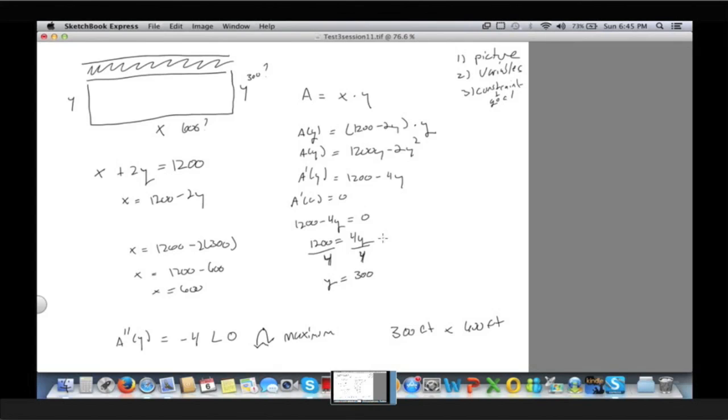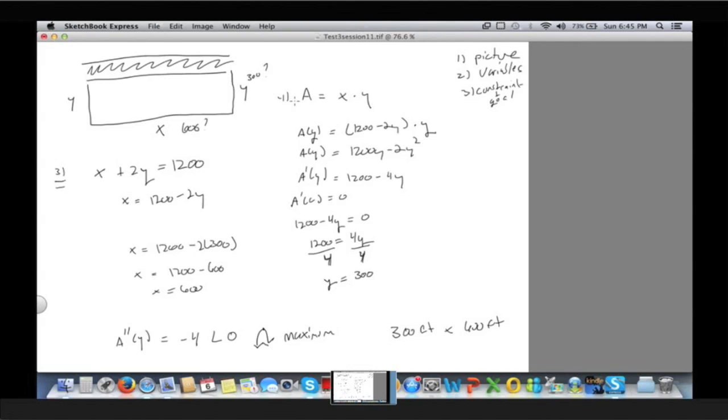So we need an equation for the constraint and an equation for the goal. The constraint here was that x plus 2y had to equal 1,200, because we only had 1,200 feet of fencing. The goal was that we wanted to maximize the area. So A equals xy was our definition of our goal.